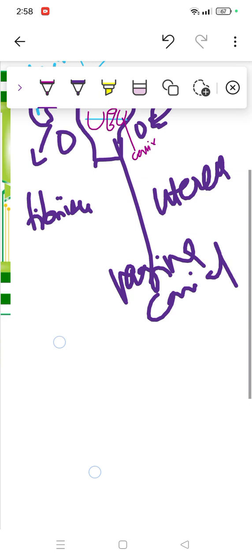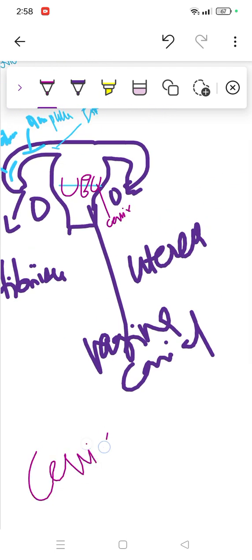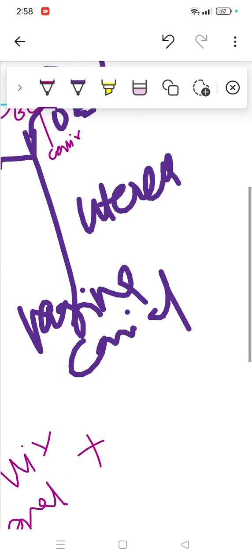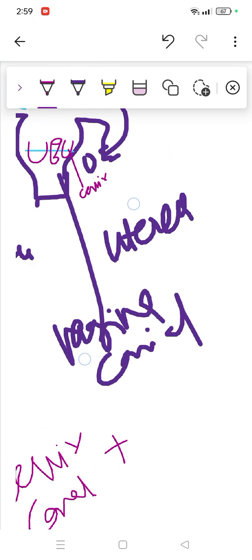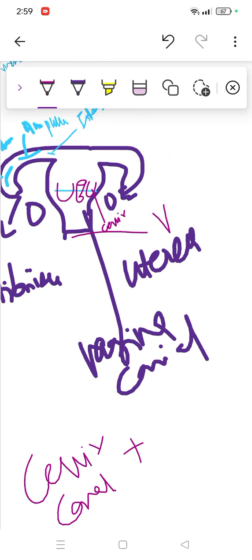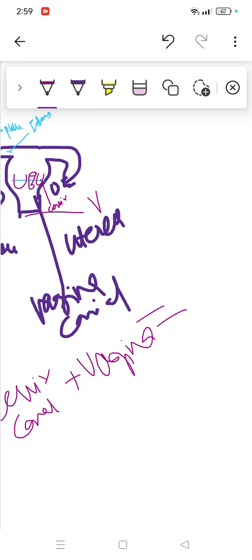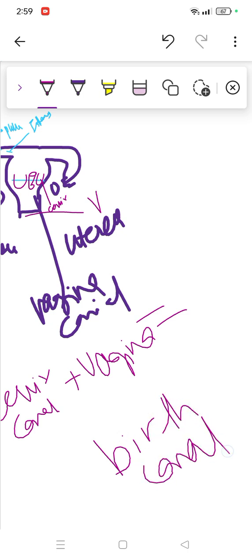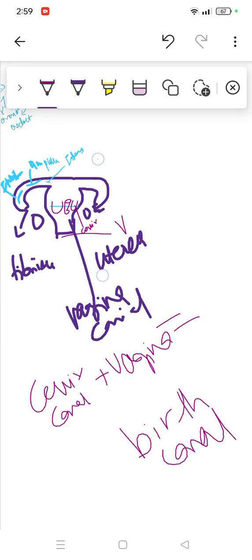I'm just writing the cervical canal, this entire canal, plus the vagina. These both together are called the birth canal. This means when birth happens, whether it's a boy or a girl, no matter. So birth canal simply means this position.